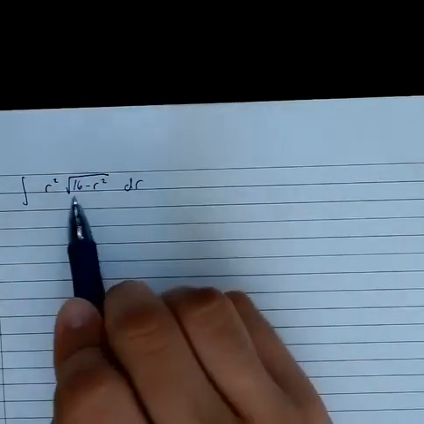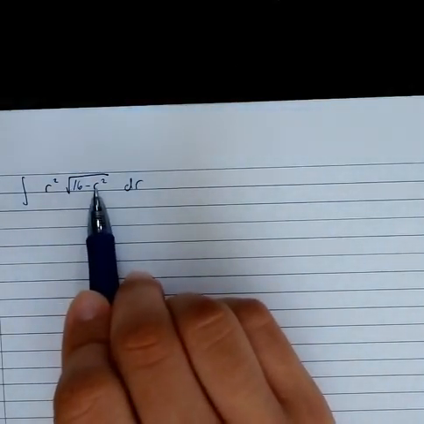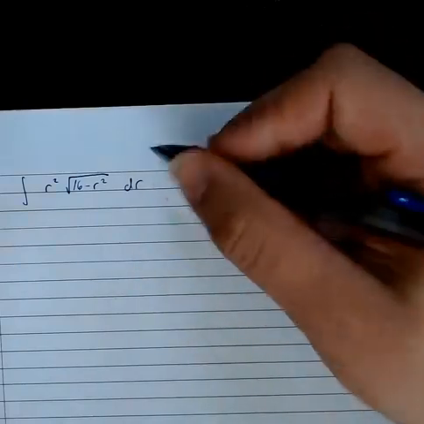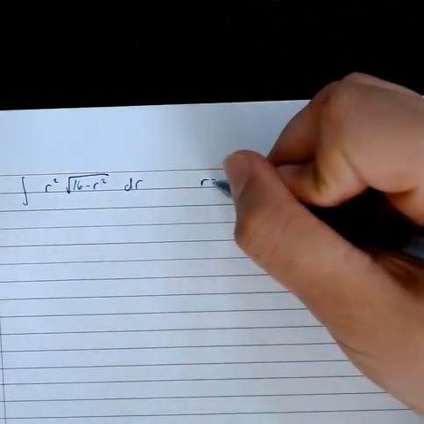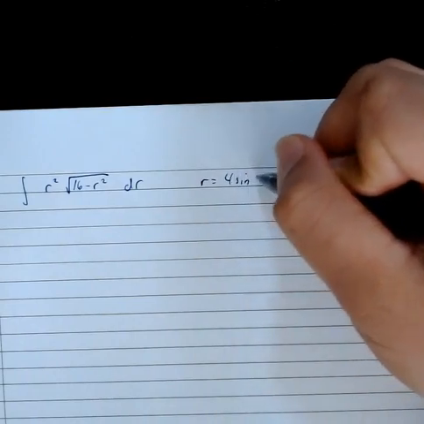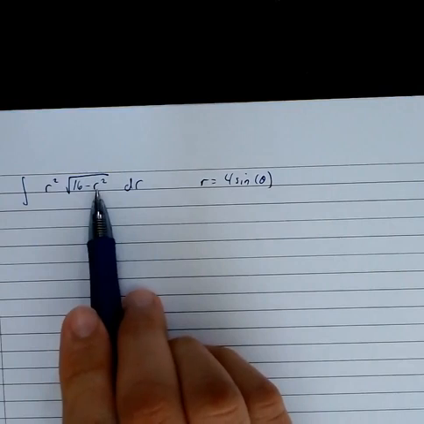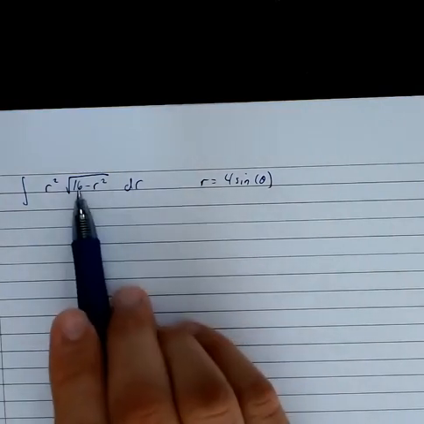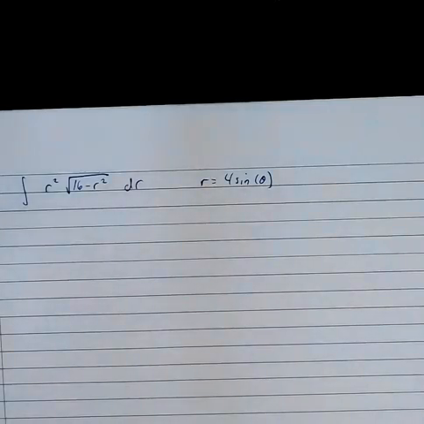All right. Here we need a trig substitution. Here we have the difference of squares where you have a constant squared minus a variable squared. That's a sine substitution. So here we're going to use a substitution that r is equal to 4 sine of theta. Whatever you squared to get this is equal to whatever you squared to get this times sine of theta.